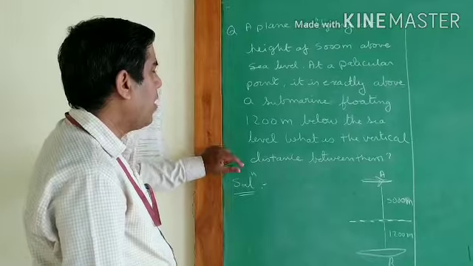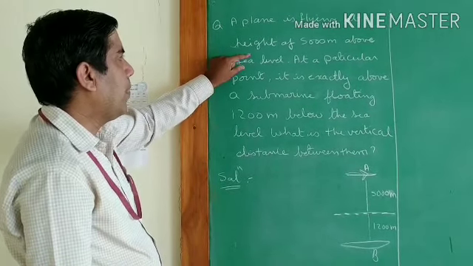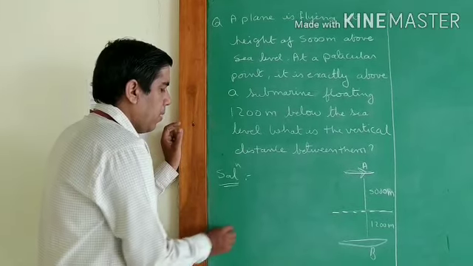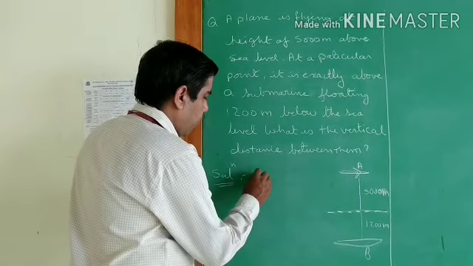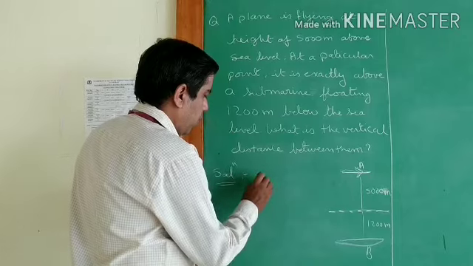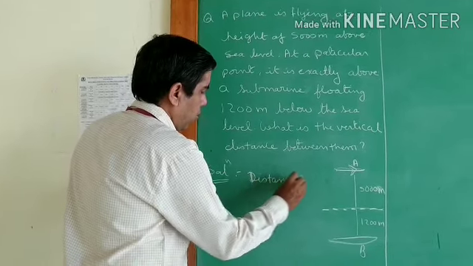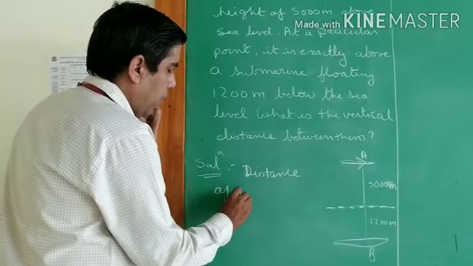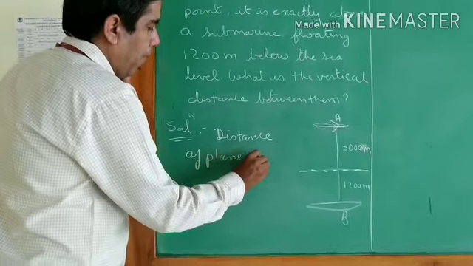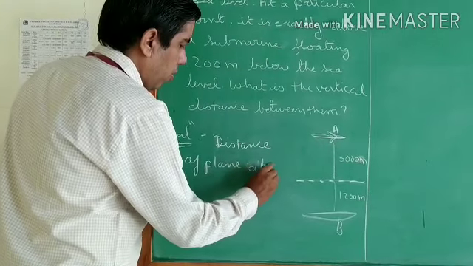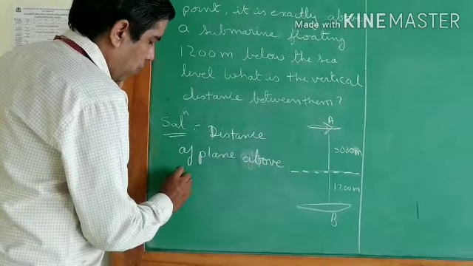So I will write the first statement. A plane is flying at a height of 5,000 meters above sea level.